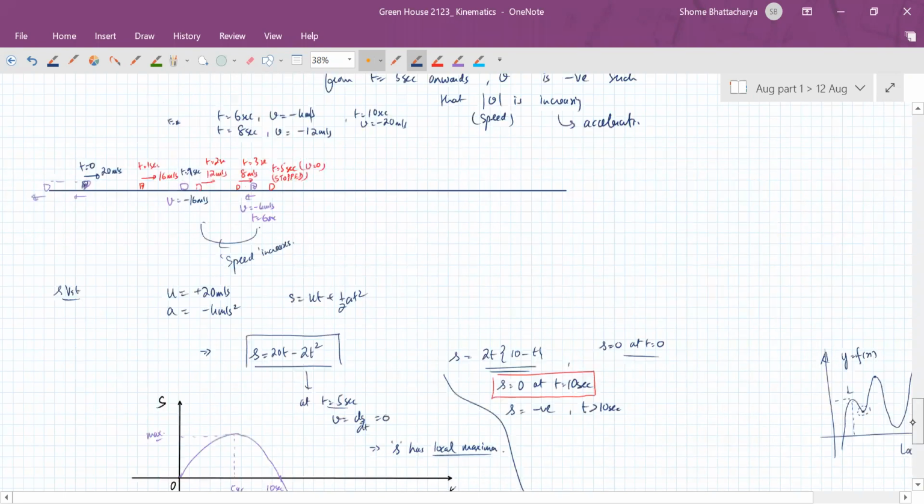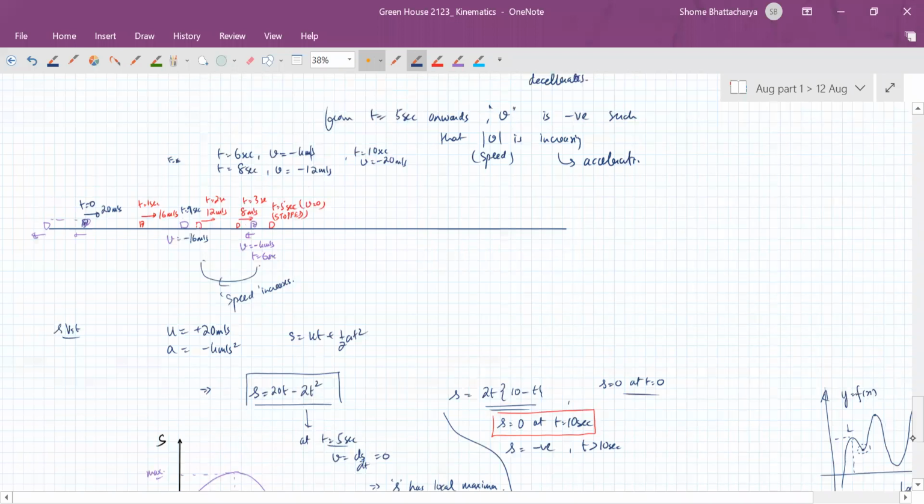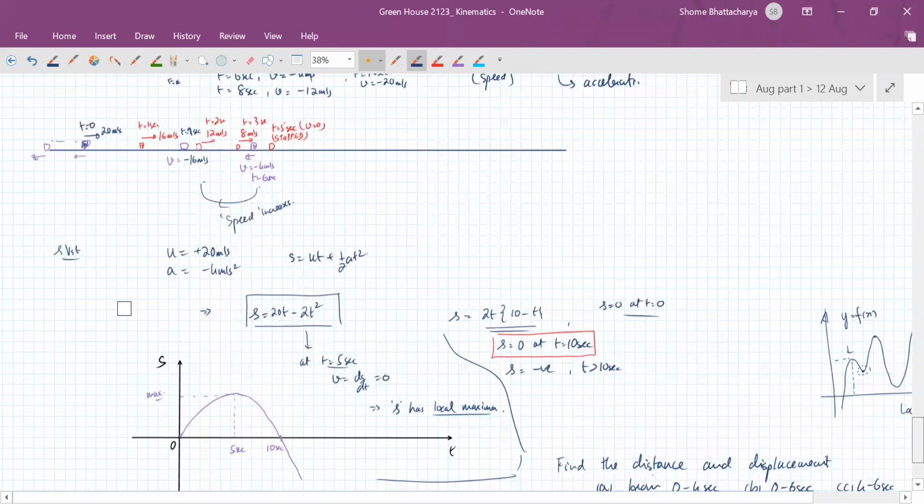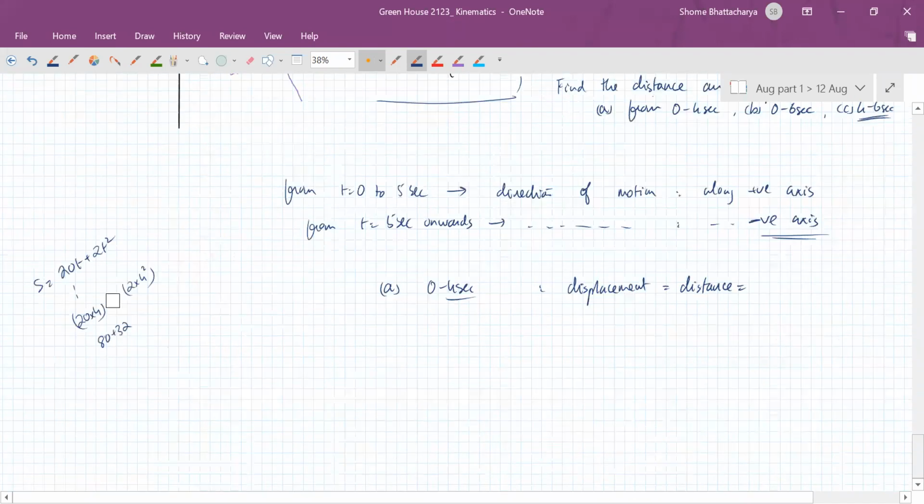Acceleration was 4, right? Oh, sorry, minus. My mistake. Acceleration was negative, so this will be a minus sign here. So that is 80 minus 32. So it will be 48 meters. Or we can actually say that the displacement with the correct sign and all is plus 48 meters, and distance doesn't come with sign because it doesn't have any direction, is 48 meters.